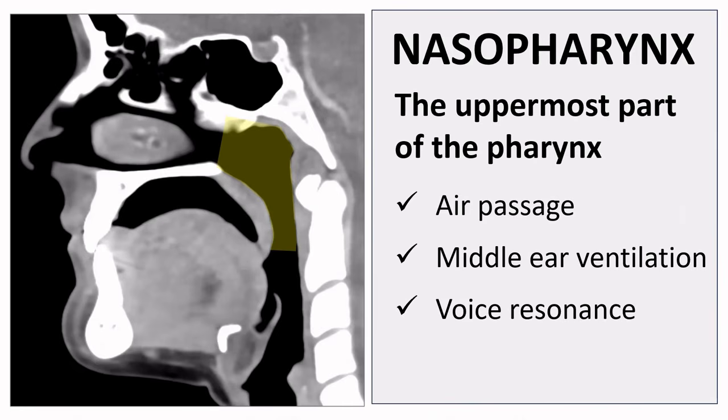Voice resonance: the presence of this, let's call it chamber, the upper pharynx behind the nasal cavity, contributes to the resonance of our voice. And it has an immunological function because we have lymphoid tissue here located in the nasopharyngeal adenoids and the tubal tonsils.